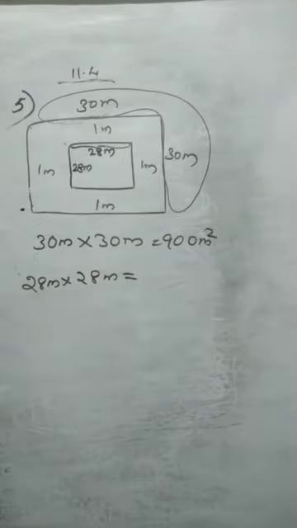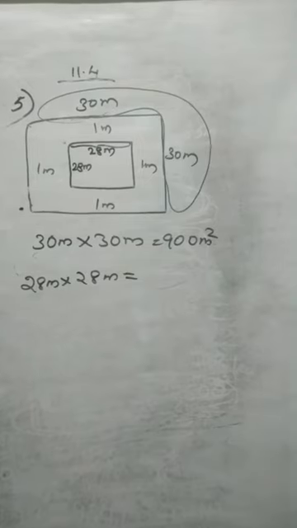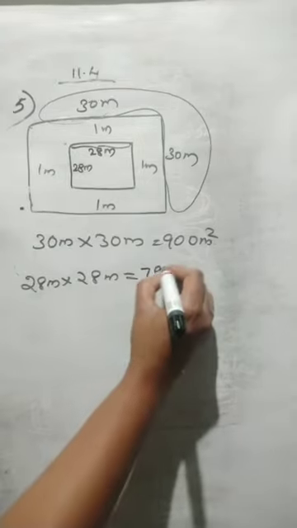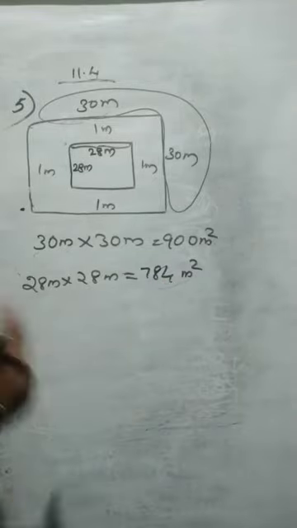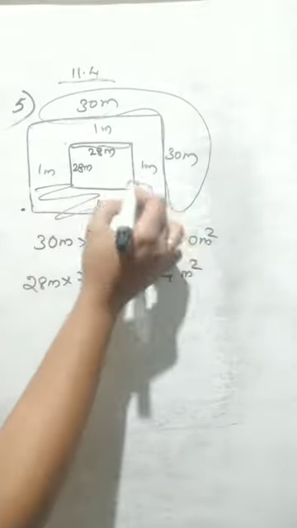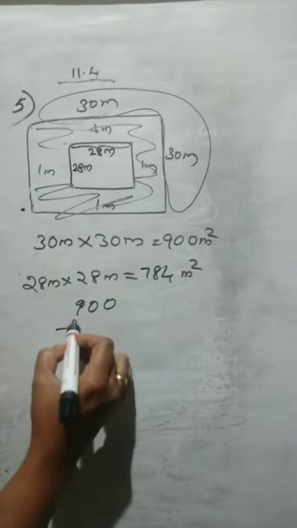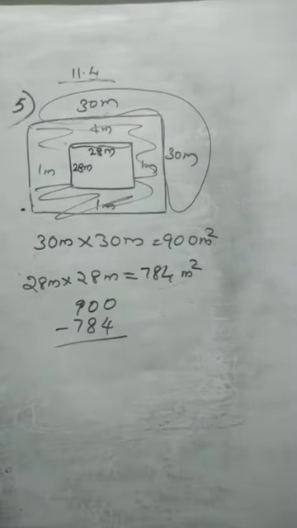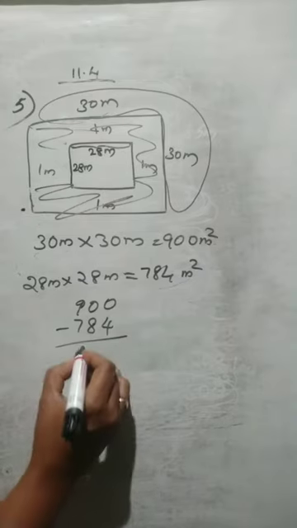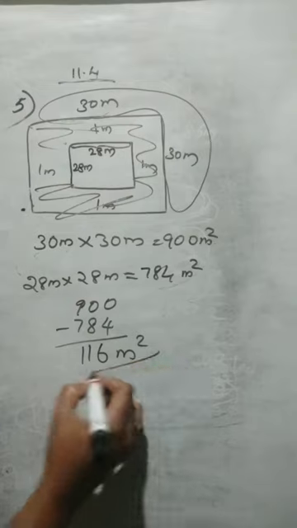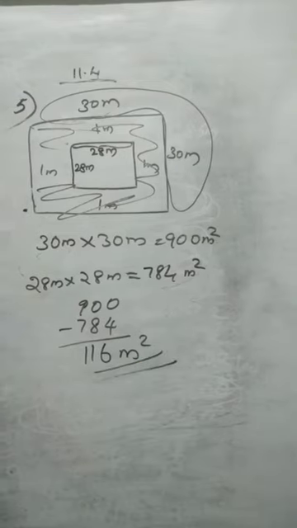What is the answer? 28 times 28 is equal to 784 meter square. Then the next step is we have to find the area of the path. That was the question. So 900 minus 784 is equal to 116 meter square.